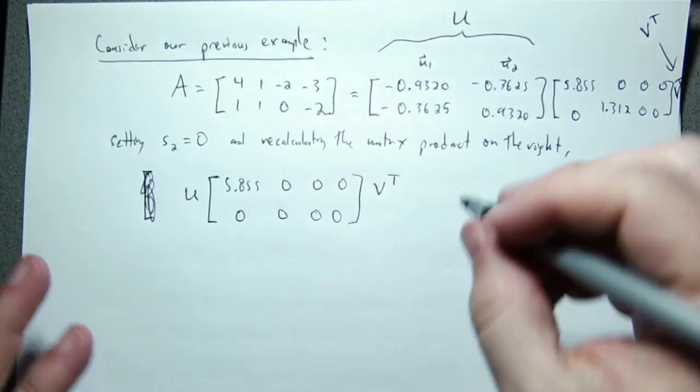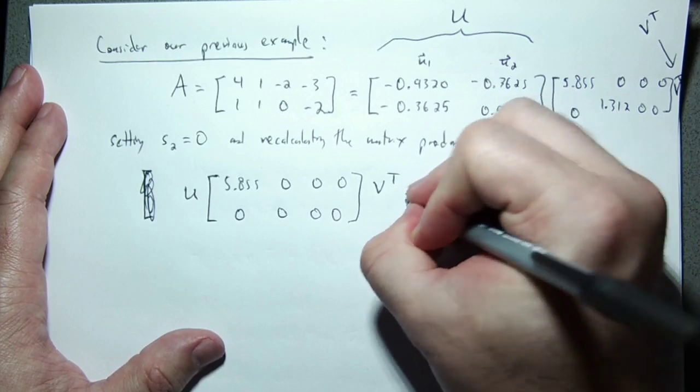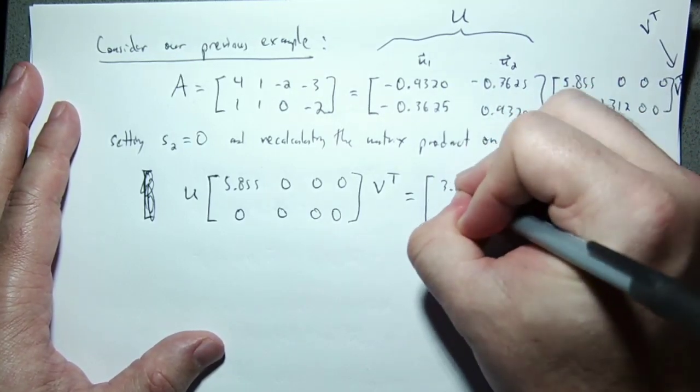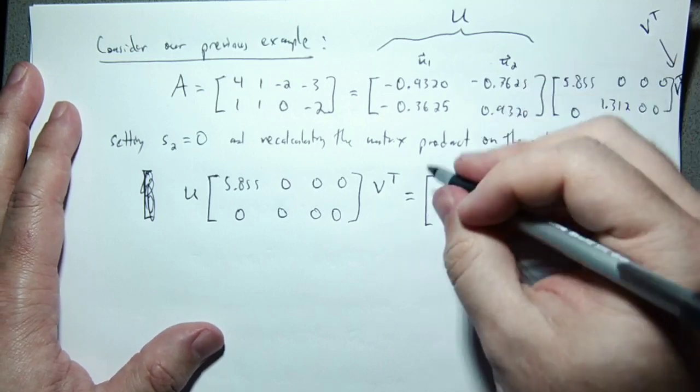What do I get? Well, it turns out that I actually get it. I'm going to write it out in this case. I'm not going to write out the other case.